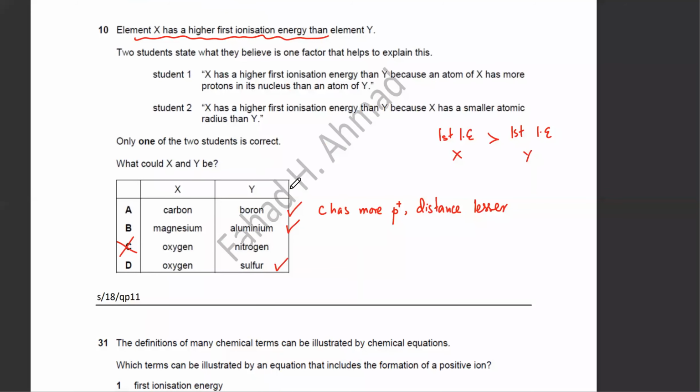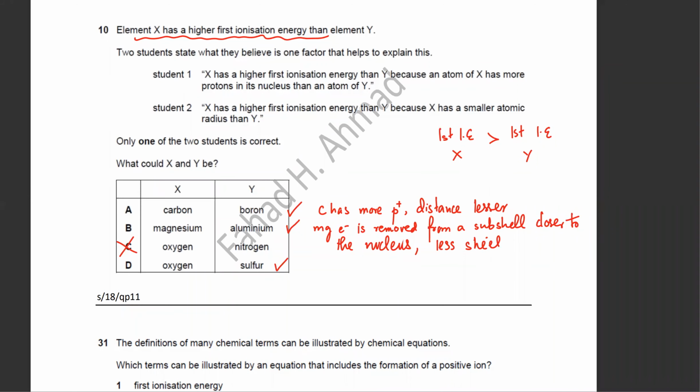So I'm going to write that in Mg, the electron is removed from a subshell that's closer to the nucleus, and it's also less shielded as well.